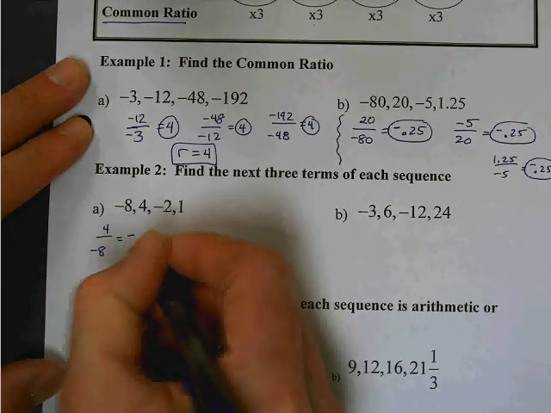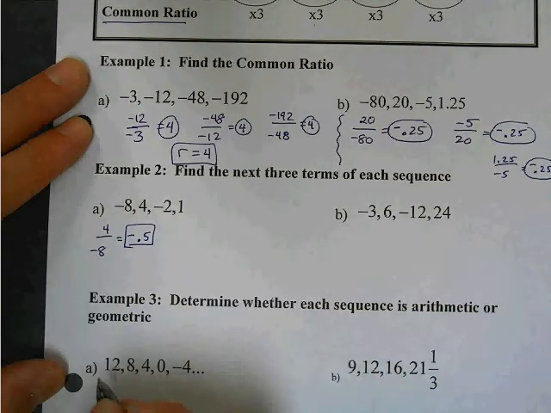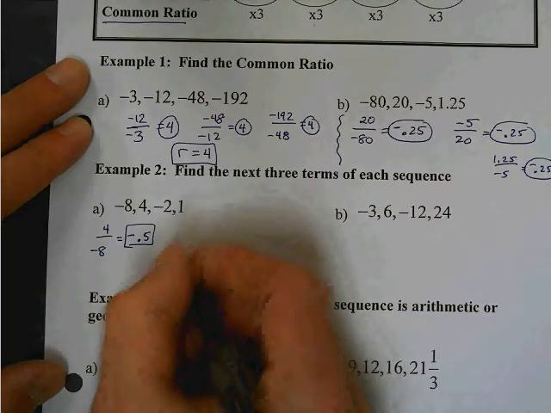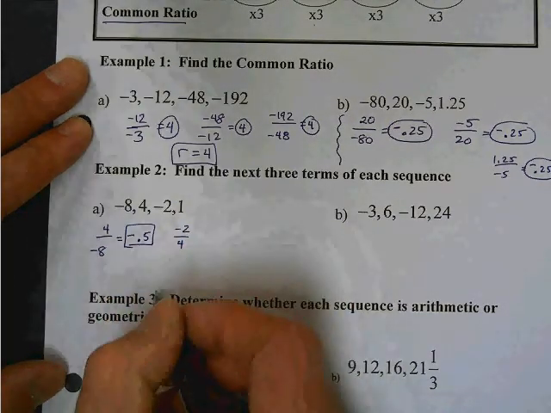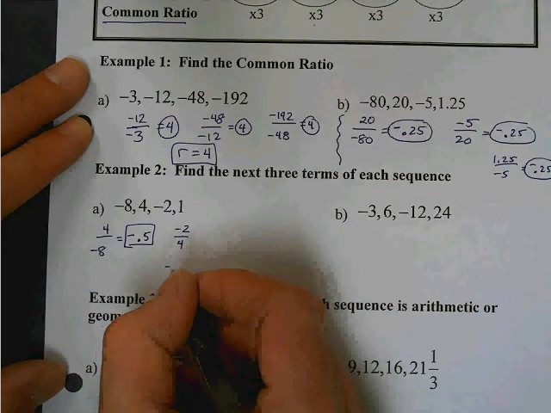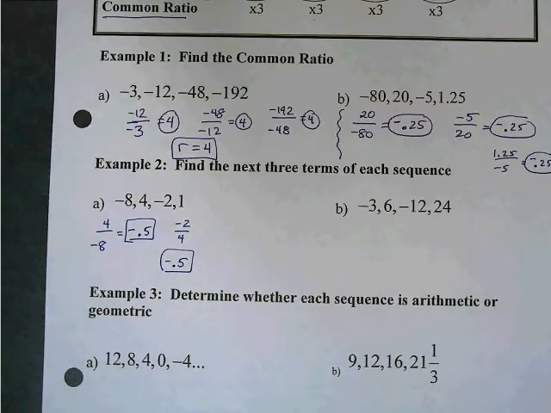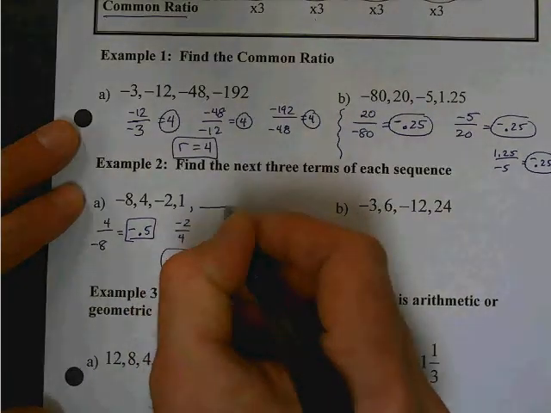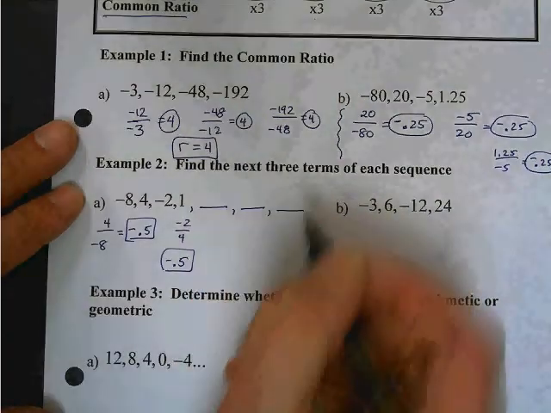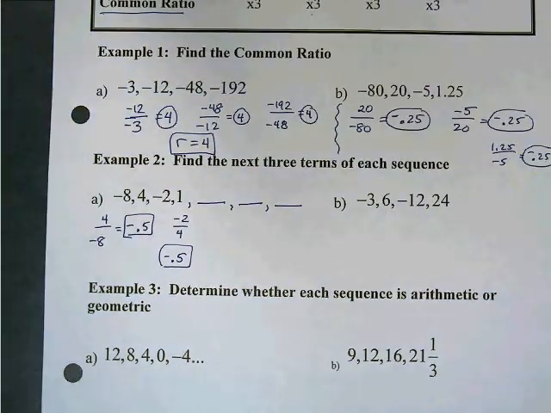Negative 0.5. Let's make sure that's consistent. Negative 2 divided by 4? Negative 0.5 again? All right, so it looks like our common ratio is negative 0.5. So how do I find the next 3 terms? What do I do?